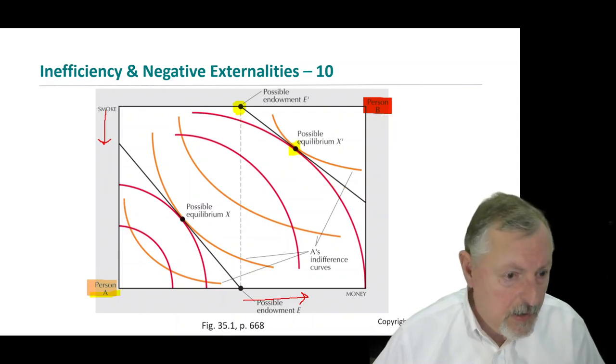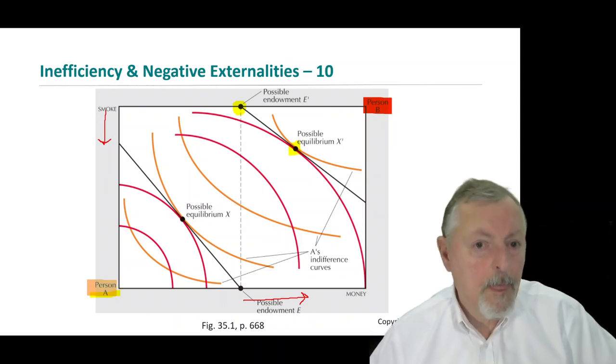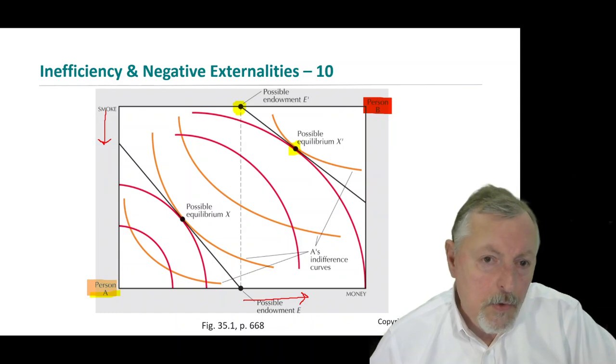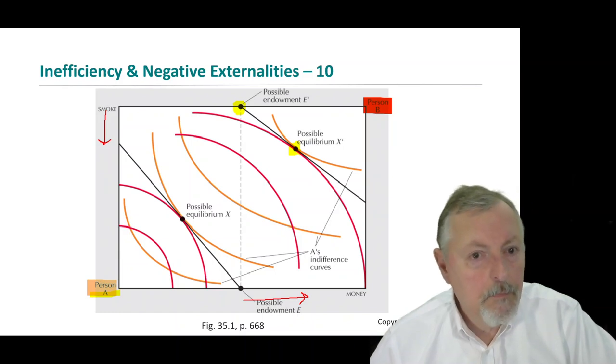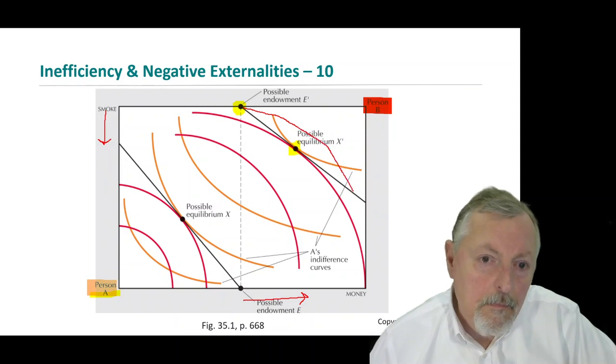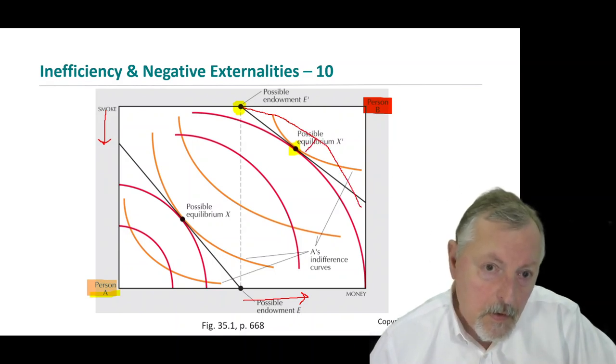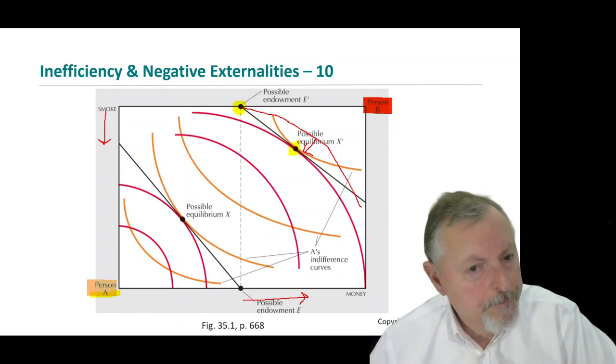Now, for person B, person B would go from that indifference curve to this higher one. Person B would also be better off.